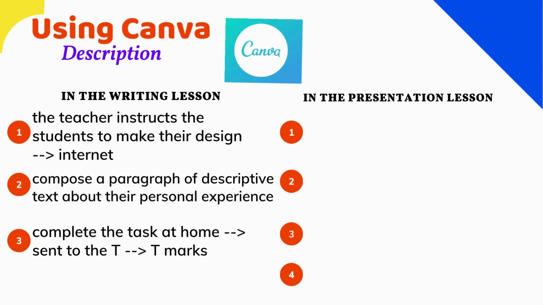Because of the time limitation, students can be allowed to complete the writing at home. After they finish, they have to hand in the writing to the teacher. Here the teacher gives grades and provides feedback on the students' writing assignment for both content and creativity, using Canva's help.